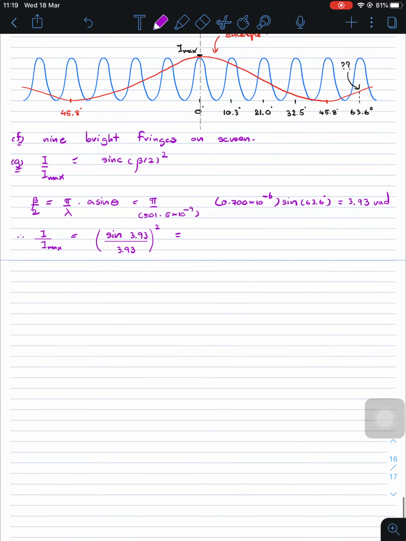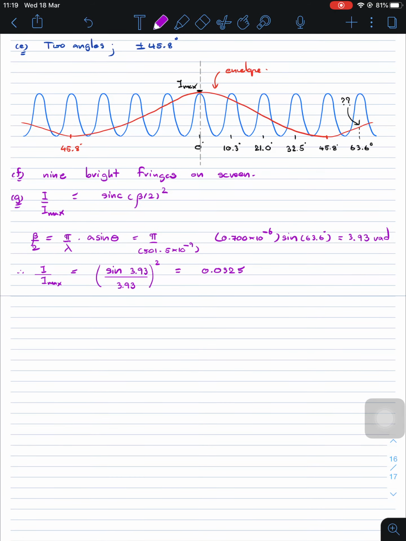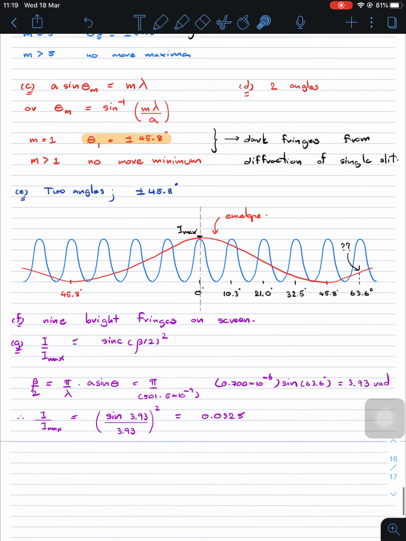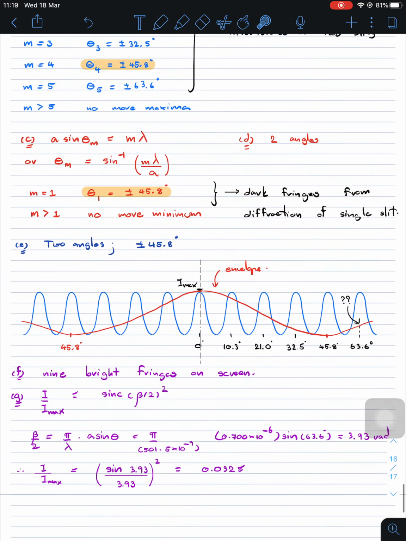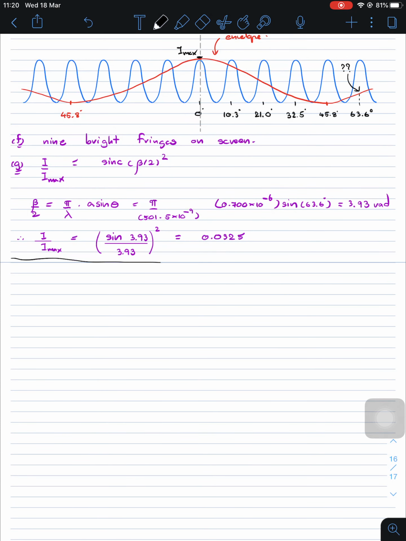Then it's going to be equal to 0.0325, and that's going to be the answer here. Okay, so that's all for this topic.